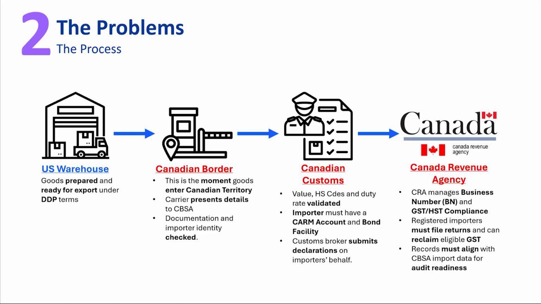So once you are registered for GST, this information would be digitally submitted to the CRA to say this import has taken place, and this is what will allow you to later reclaim the import GST that you've paid. But I must stress that if any one of these four stages isn't set up correctly, the whole shipment can get stuck. And if there is a stuck shipment, this can lead to a number of frustrations that ensue within this process.